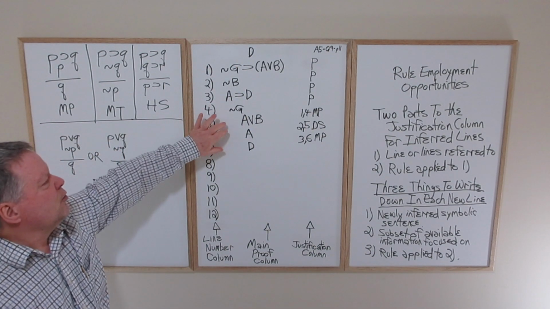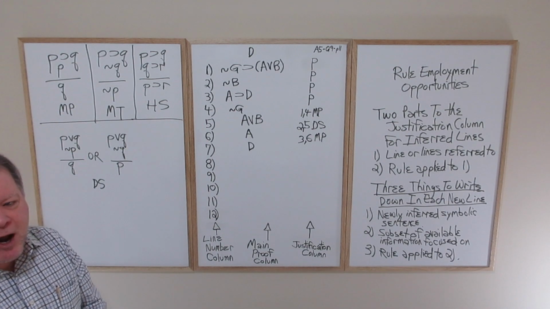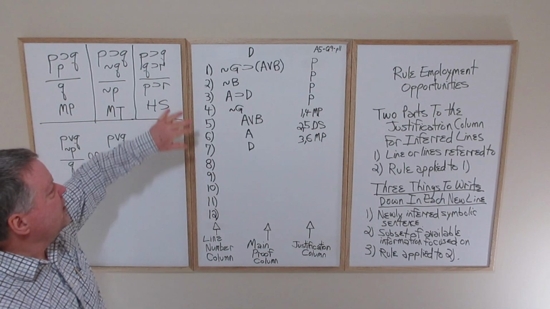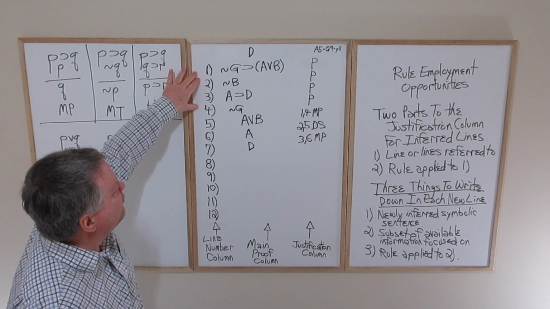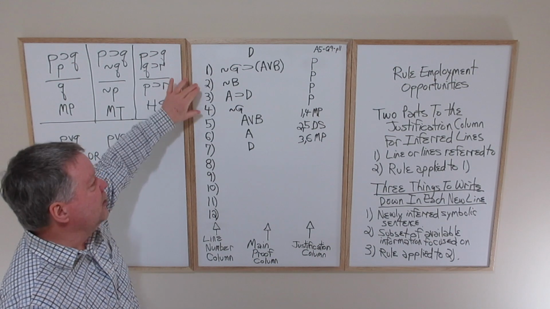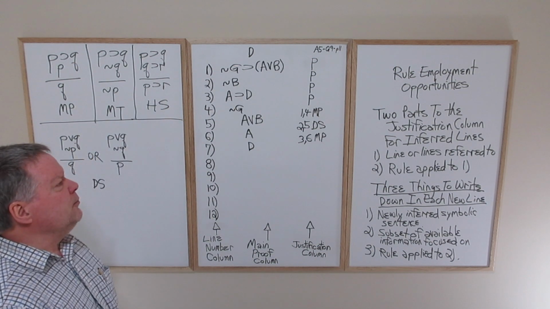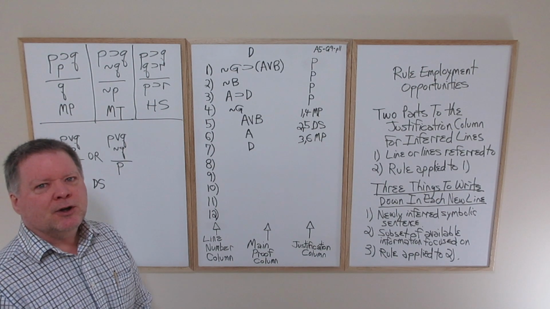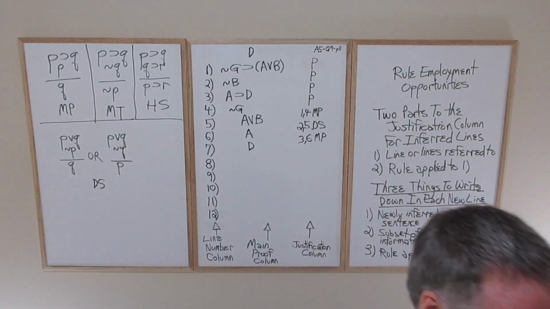So what these 3 lines of inference demonstrate is that if these 4 lines are true, our 4 premises, it's impossible for the conclusion to be false.